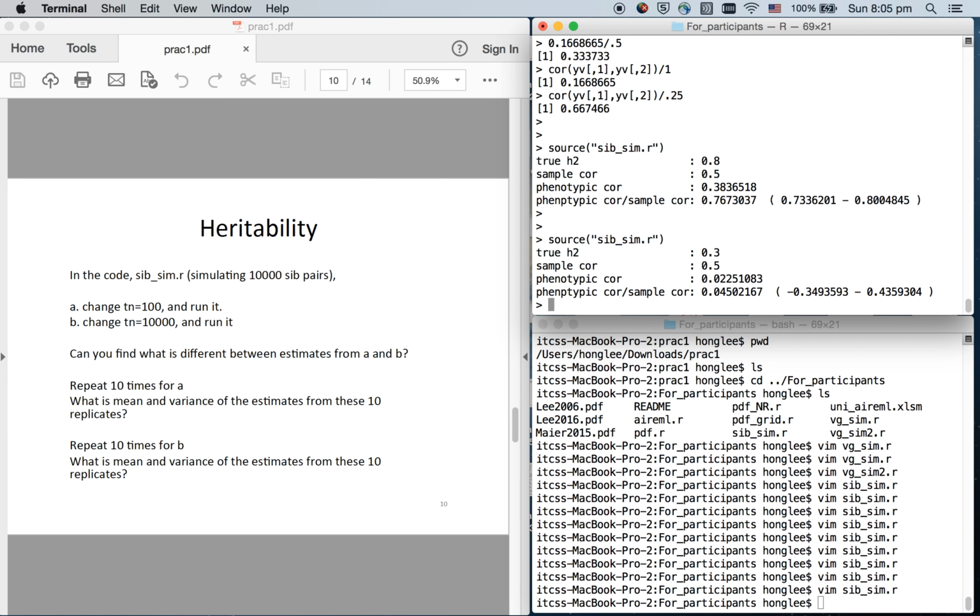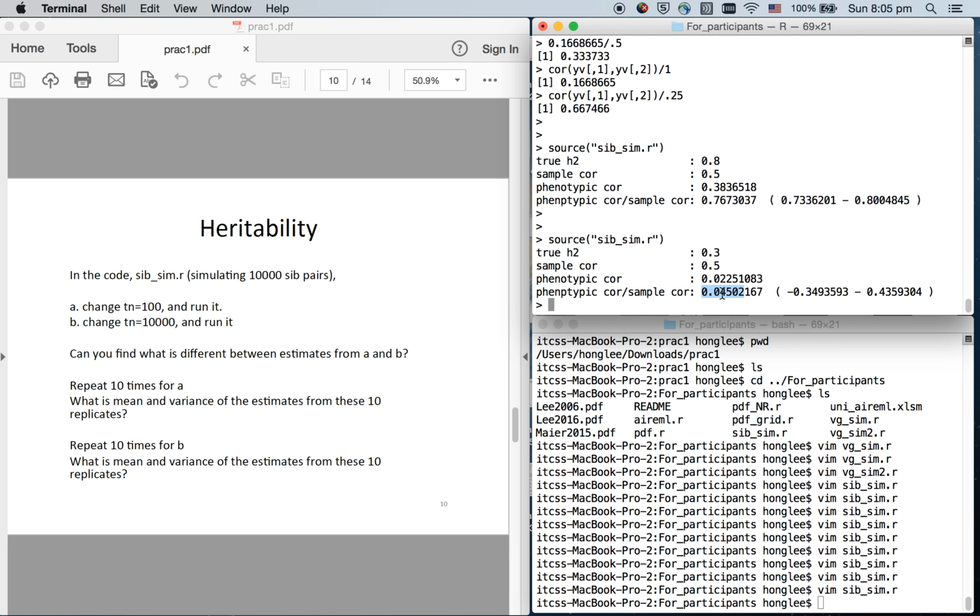Okay, can you see? True heritability is 0.3, and we used the full sib design. Now the phenotypic correlation is around 0.02, then divided by 0.5 will give around 0.04.